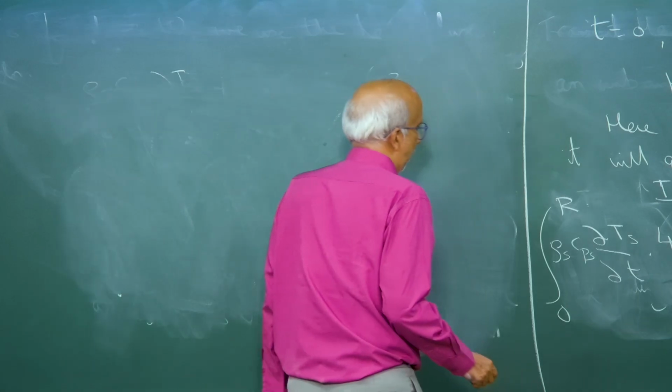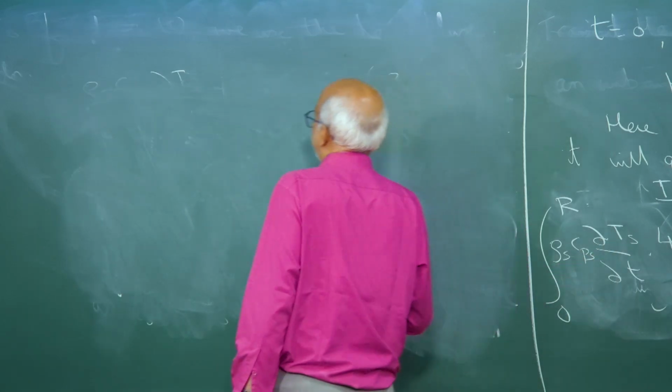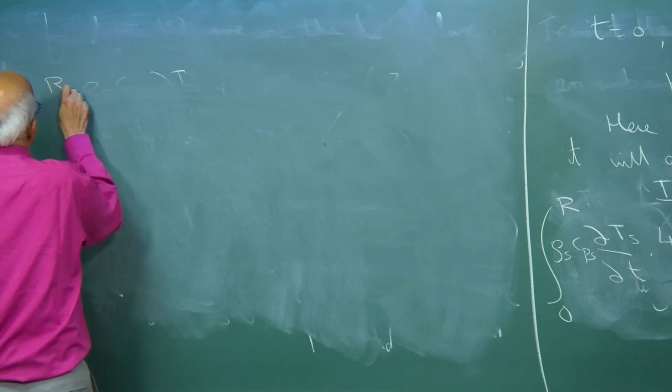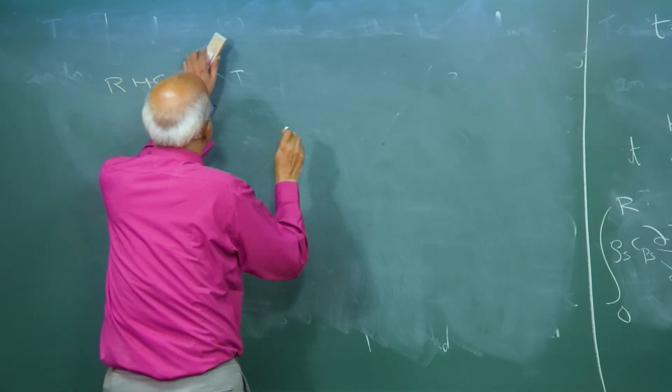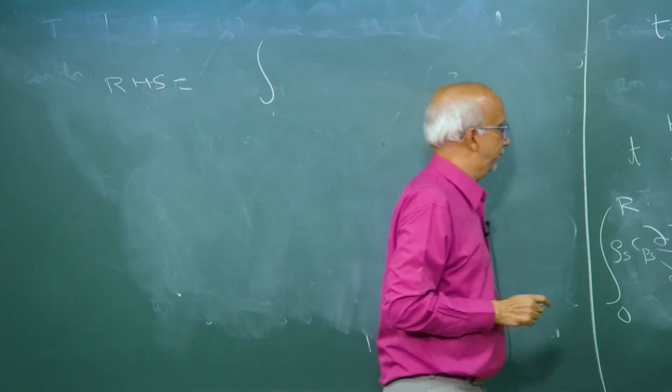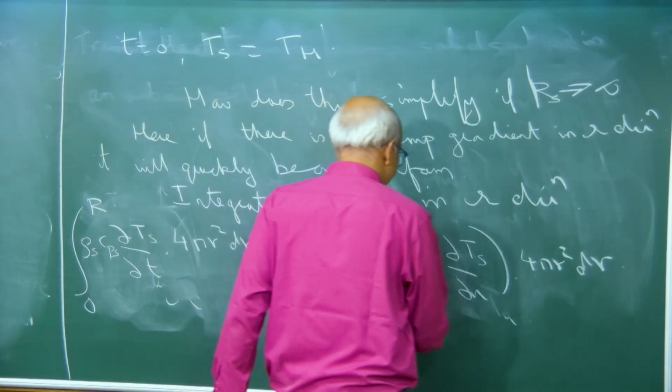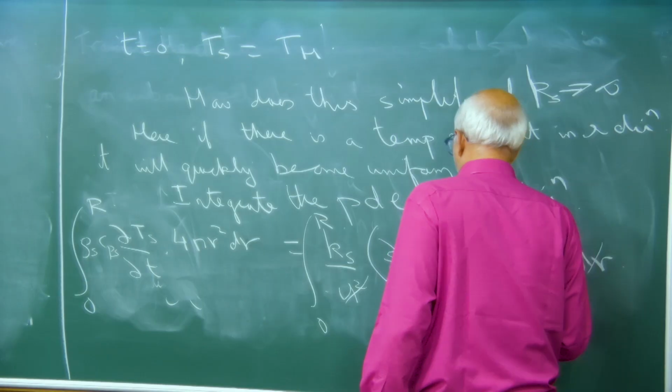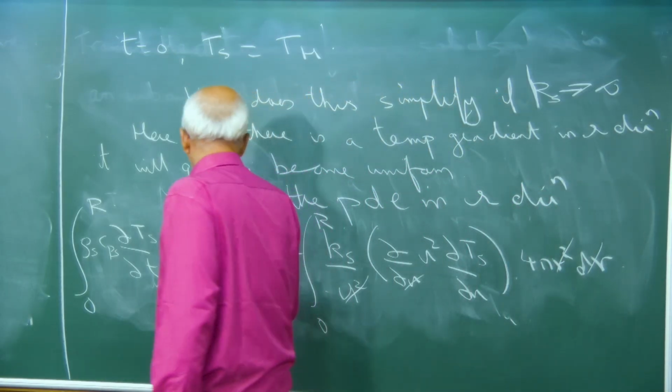The right hand side: r squared dr cancels off, and I let the 4 pi be there.